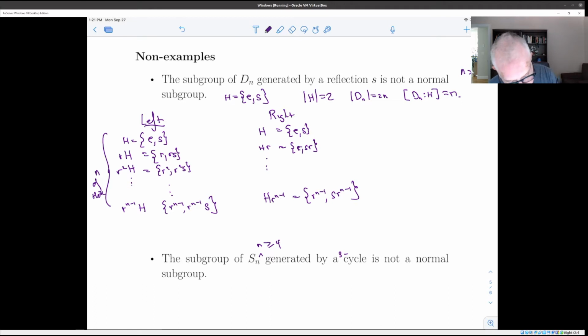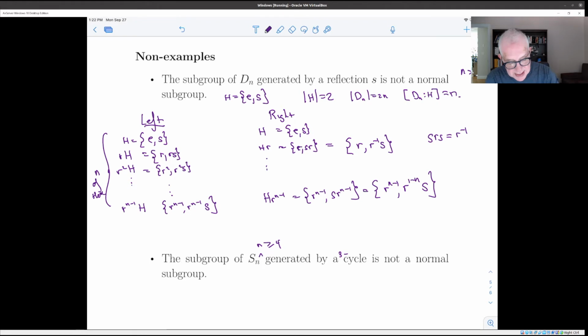But if you look at the right cosets, you see that SR is the same as R inverse S, where we use the basic rule in the dihedral group that SRS is R inverse. So we move S past R, but it becomes R inverse. And similarly, all the way down to the end, now we have R to the 1 minus n S.